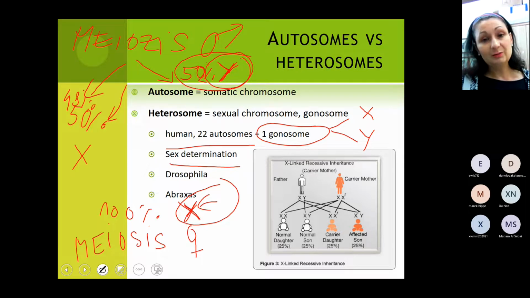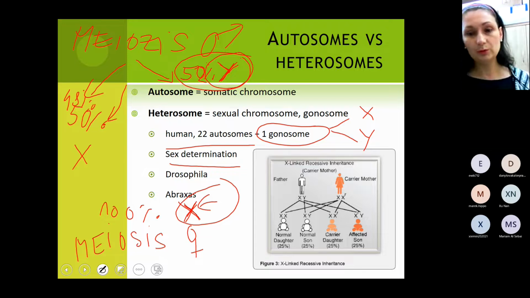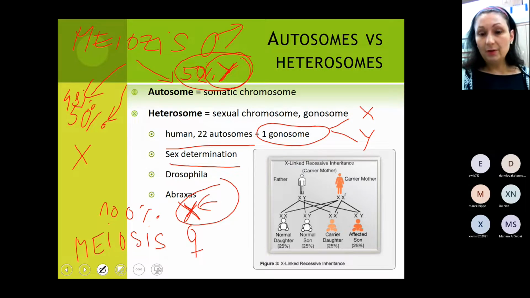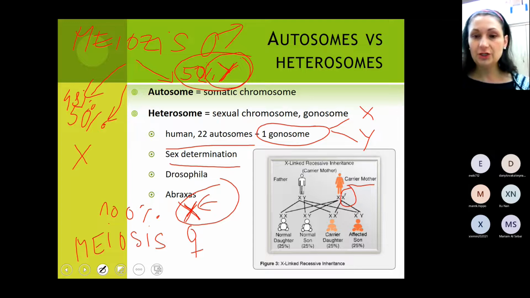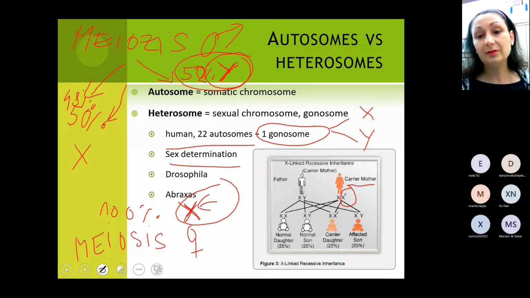And sometimes it might be related with some pathological changes. Okay. For example, hemophilia. This is one example. The mother or women, they are carriers. So she has one wrong X chromosome, so she can produce 50% of healthy eggs, but 50% of unhealthy eggs.